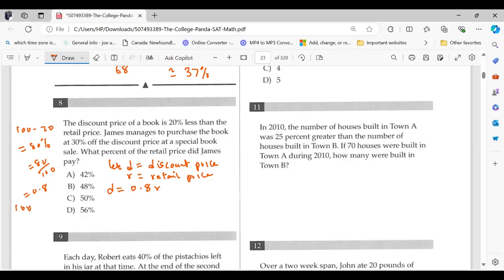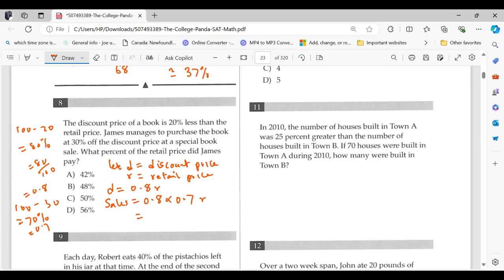That's 100 minus 30, which gives us 70%, which is 0.7. So let's call the purchase price sales. It will now give us 0.8 times 0.7R. Now, what percentage of the retail price did James pay?